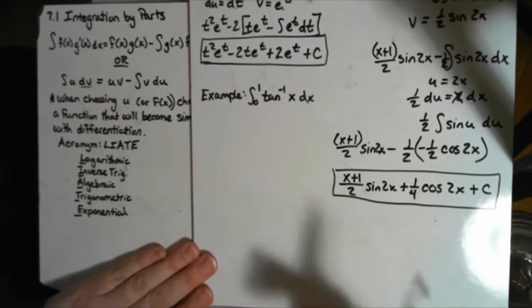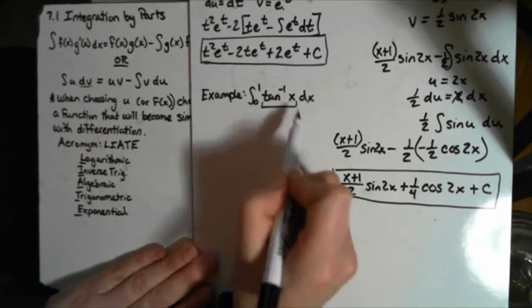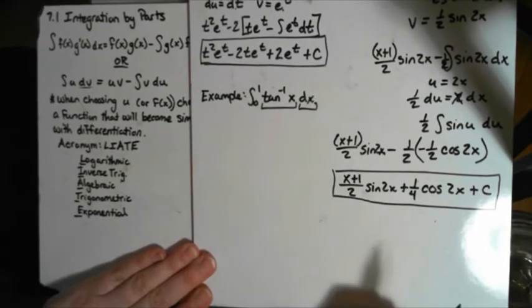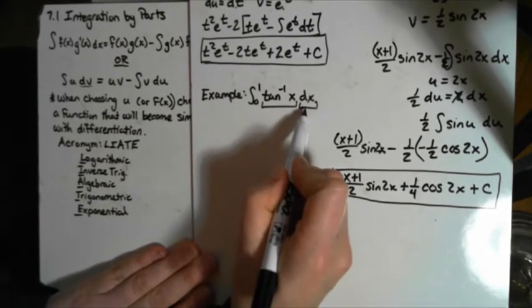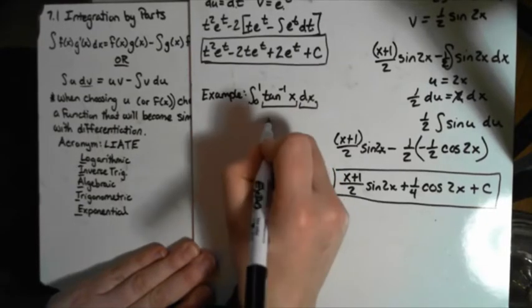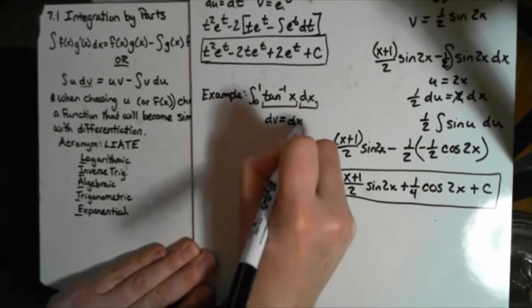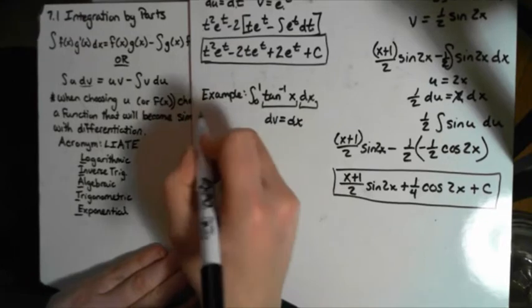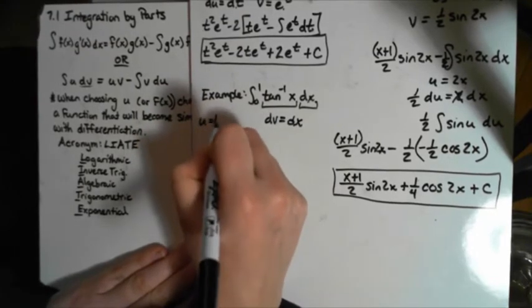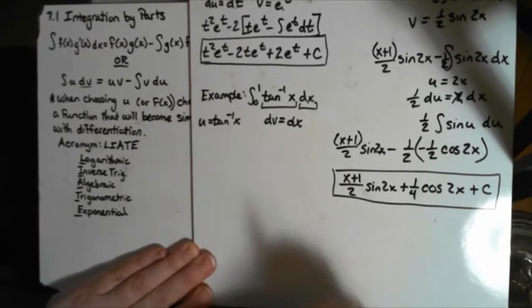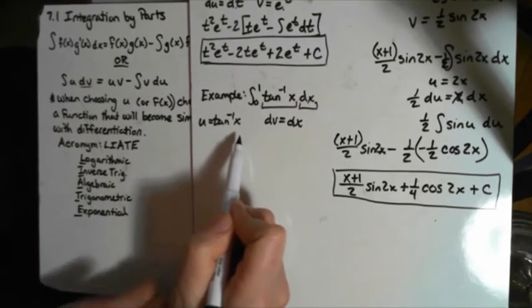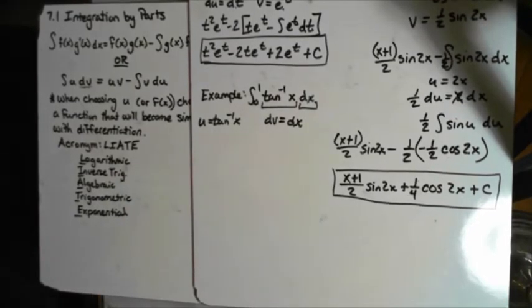Okay, so in this one, I notice that I have two functions, the trig function and the dx. So it doesn't really give me much option. This has to be dv, which means that this has to be u. Now we didn't really talk about inverse trig functions, but that's why I mentioned that table at the back of your book earlier.